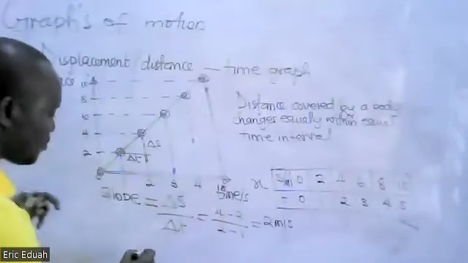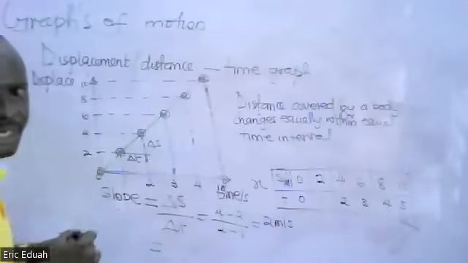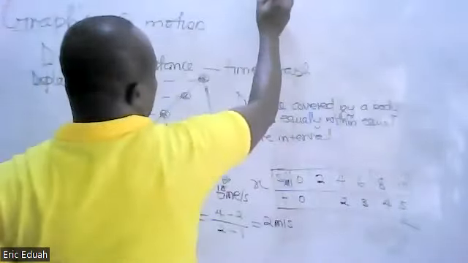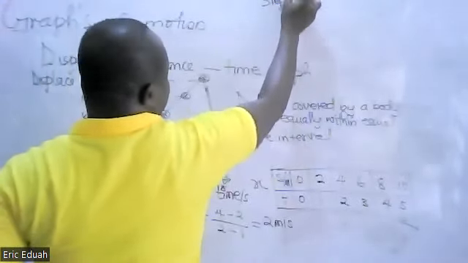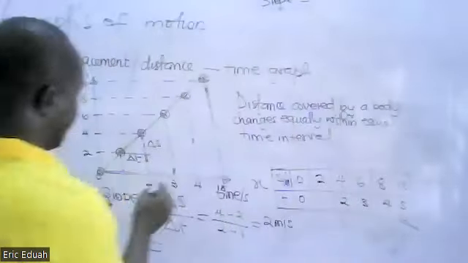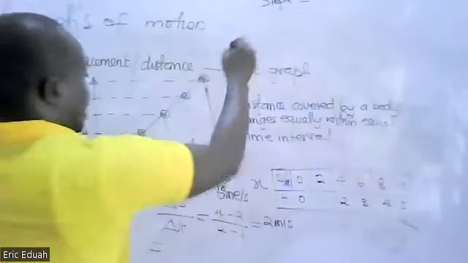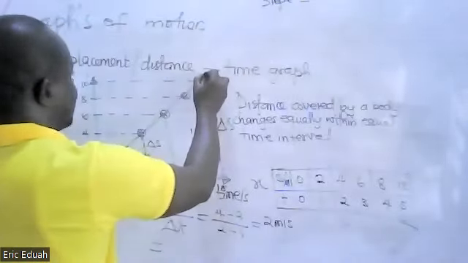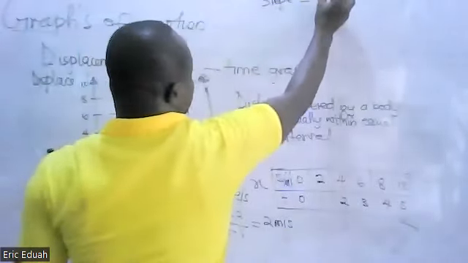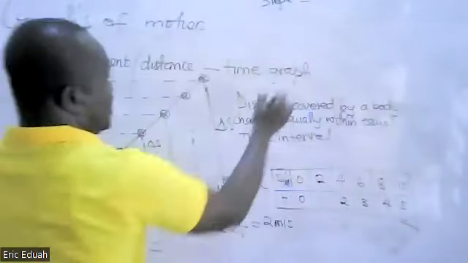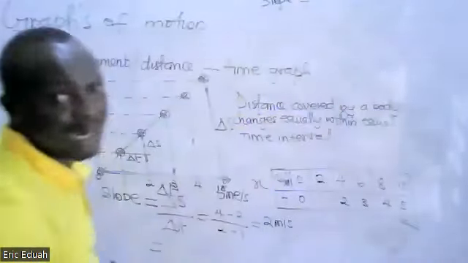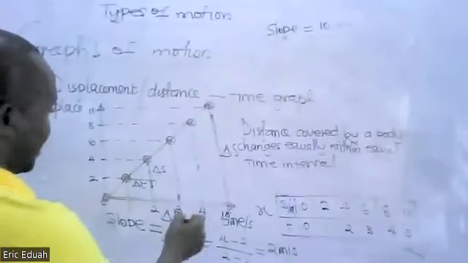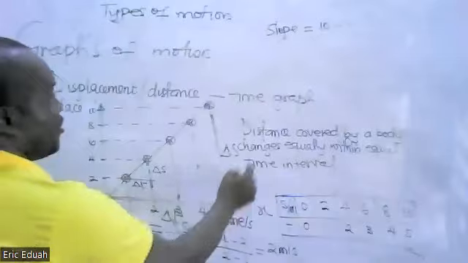The slope or the gradient of this will be the change in the vertical divided by the change in time. And what's the maximum vertical value? 10 minus the minimum value 0, divided by the maximum time value 5.